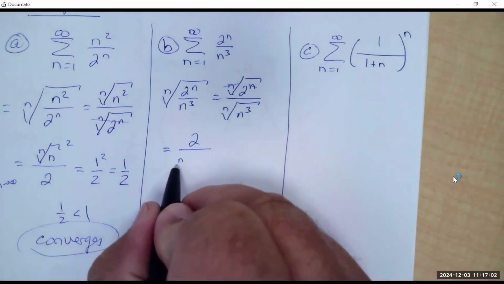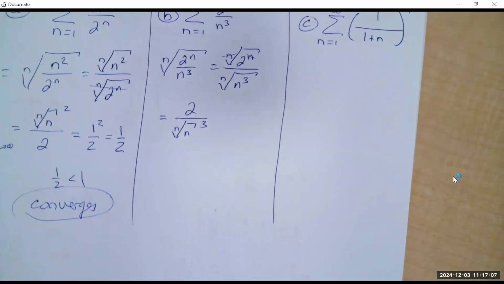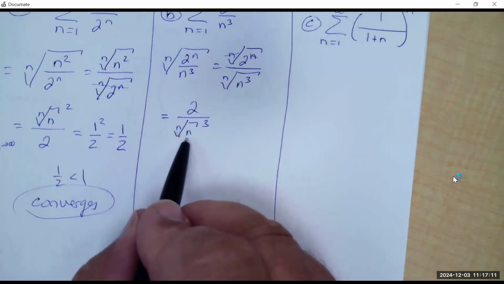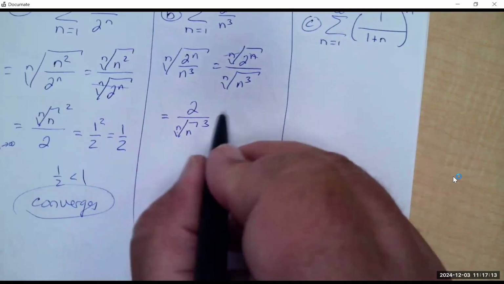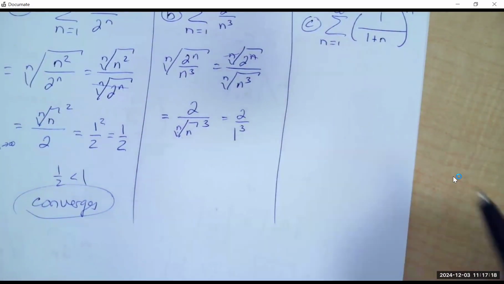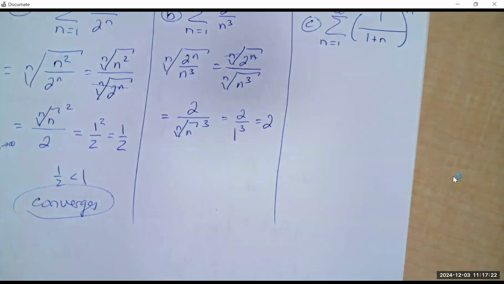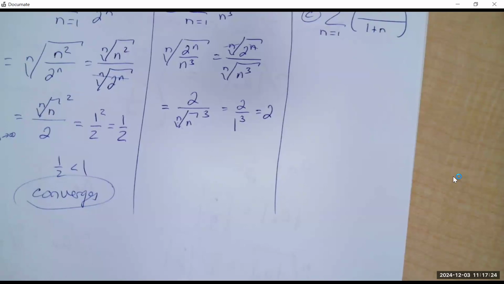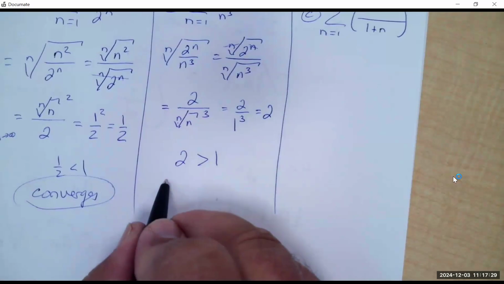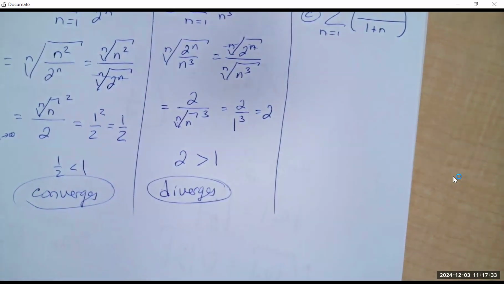And on the bottom, we have the nth root of n, cubed. As n goes to infinity, what happens to the nth root of n? It goes to 1. Since 2 is greater than 1, it diverges.